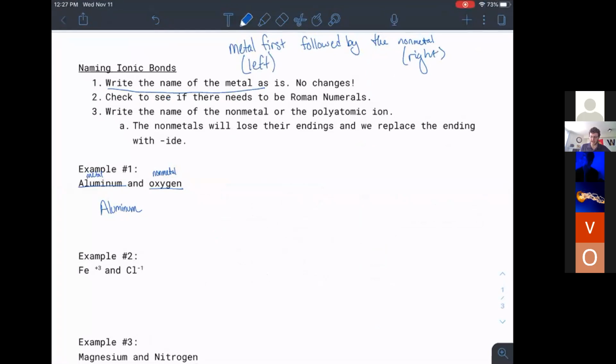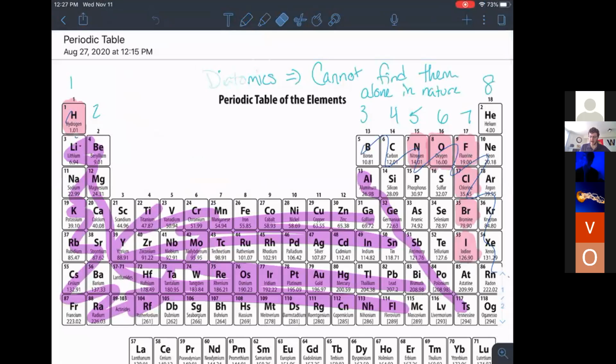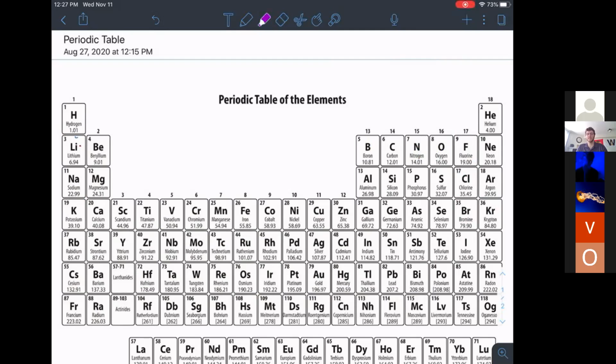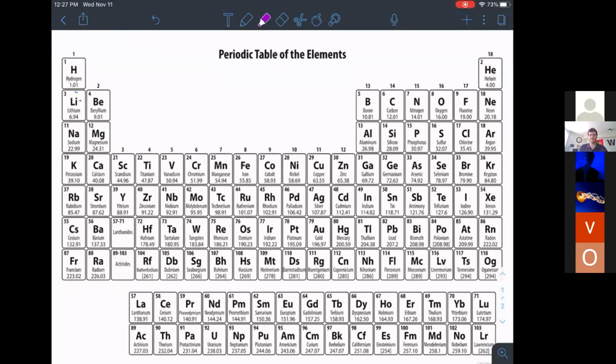Let's look at our periodic table. Do you see any of those elements on the periodic table? Copper, manganese, cobalt, lead, iron. Do you see any of them? Anybody see any of those elements? Yeah, there's iron. Where's iron? Give me a number. It's 8. Perfect.